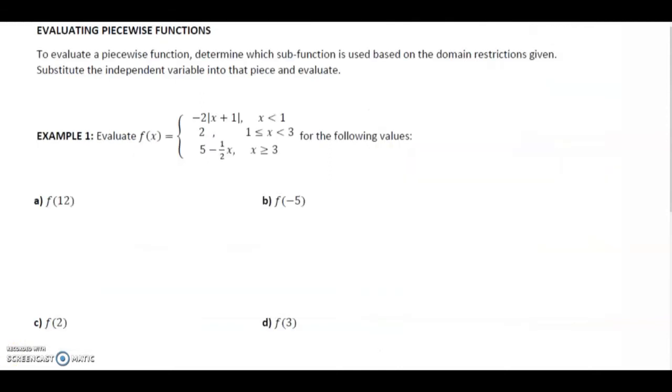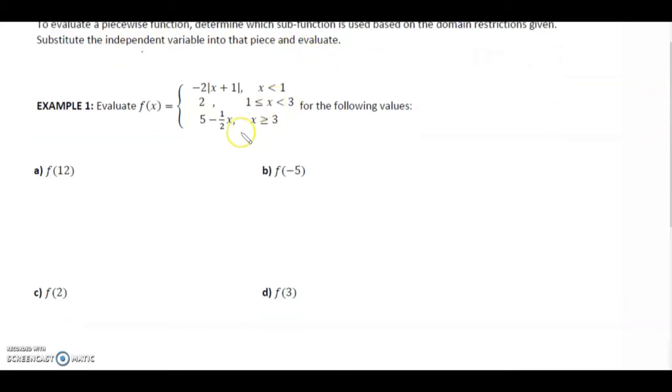Evaluating piecewise functions. To evaluate a piecewise function, determine which subfunction is used based on the domain restrictions given, and then substitute the independent variable into that piece and evaluate. So I have A, B, C, D, 4 different questions for one single piecewise function.